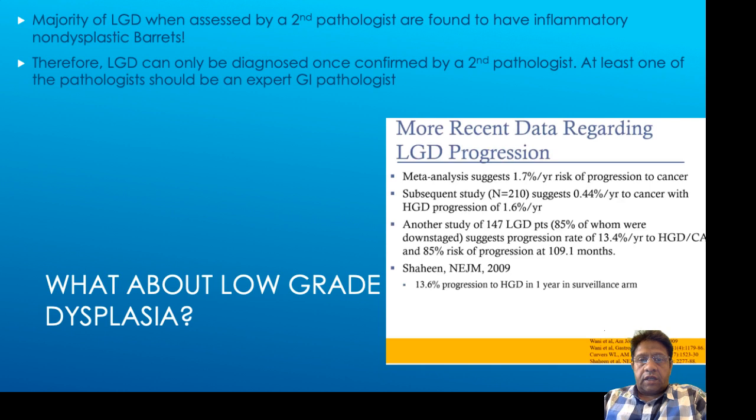More recently, data regarding low-grade dysplasia progression. Meta-analysis suggests only a 1.7% per annum risk of progression to cancer, and therefore it still does need attention, and it is preferred to ablate rather than to surveil.